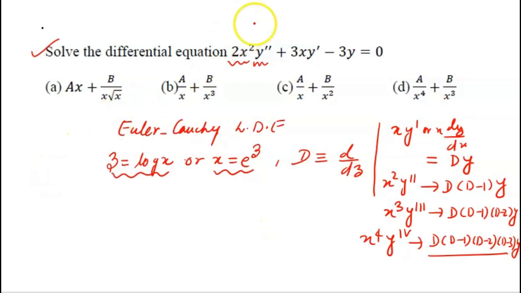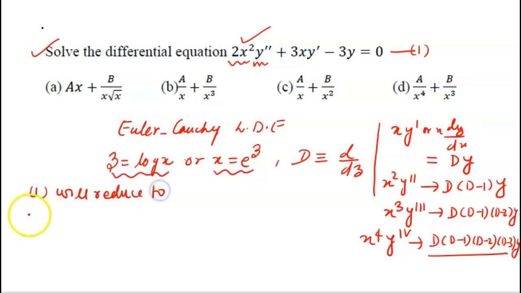So in this case, if I replace this, what will this differential equation become? Let me call this differential equation 1. So 1 will reduce to what? 2 x square y double dash will be replaced by D into D minus 1 y, plus 3 x y dash will be replaced by Dy, minus 3y is equal to 0.